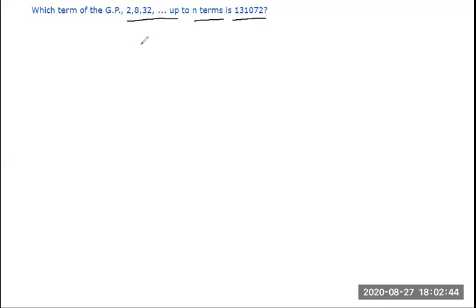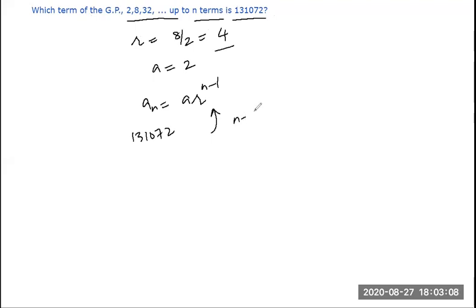Now you'll get the value of R. How? 8 by 2 is equal to 4. So you know R, and you also know A. A is 2, right? So AN is equal to A R raised to power n minus 1. AN is given, 131072. From this, you will find the value of n. Am I right?